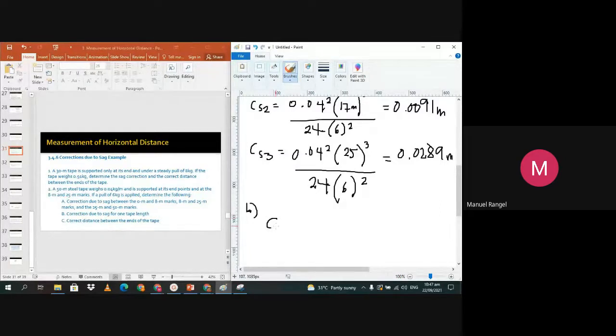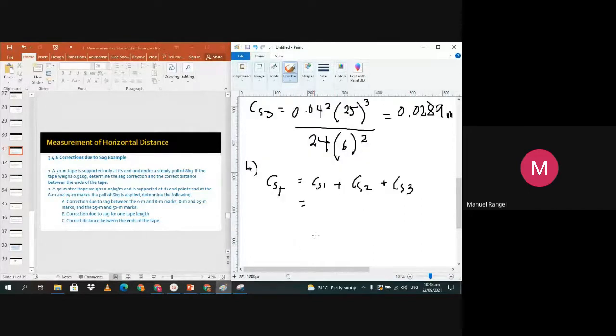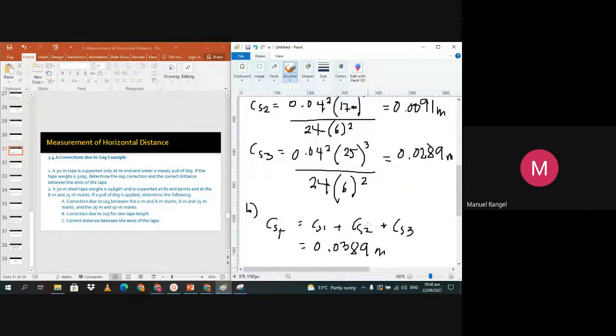So the total CS is equal to CS1 plus CS2 plus CS3, is equal to 0.009 plus 0.0091 plus 0.0289, which is equal to 0.0389 meters.